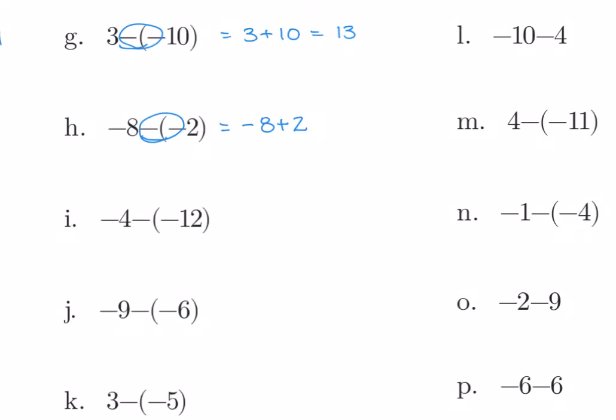Negative 8 and positive 2, do we have same signs or different signs? We have different signs, so we are going to subtract. We get 6. Keep the sign of the larger number, which is negative 8. So our final answer is negative 6.